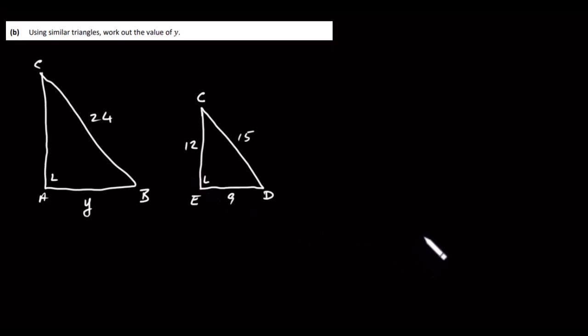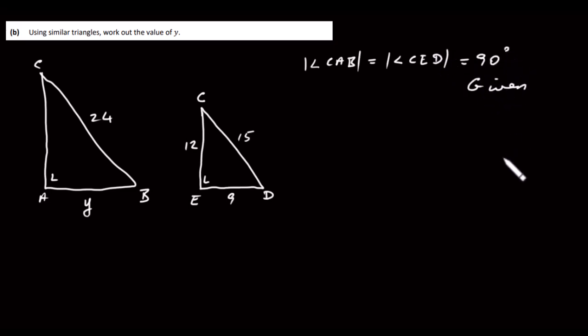Now it says using similar triangles, so I'm not sure if they're going to require us to prove that these two are similar, but I'm just going to run through that quickly anyway. What we can say to prove that they are similar is that angle CAB is equal to angle CED in the other triangle, equal to 90 degrees. We're given that in the question.